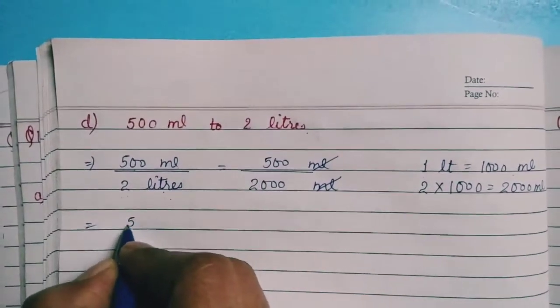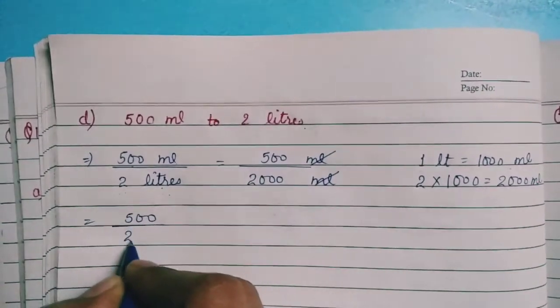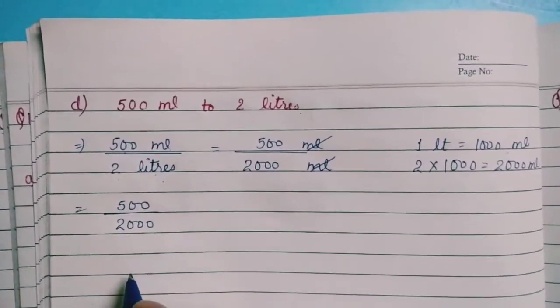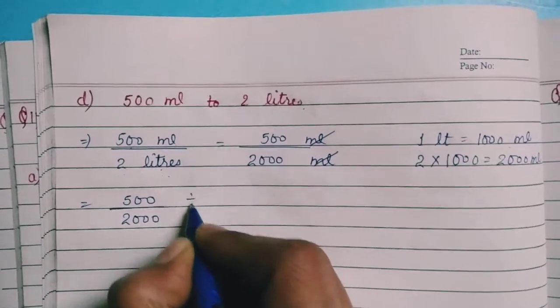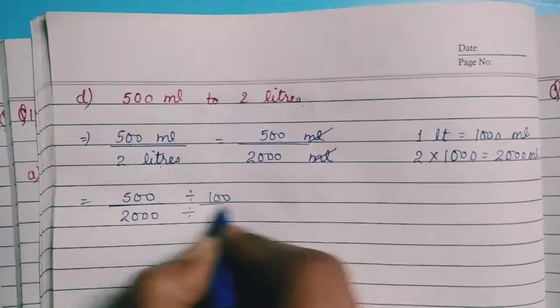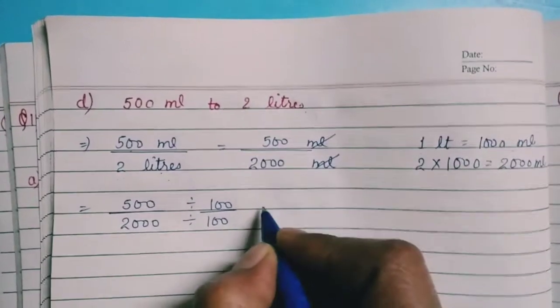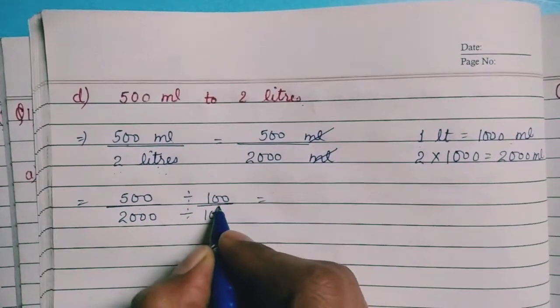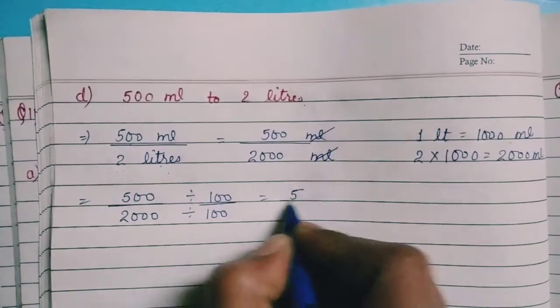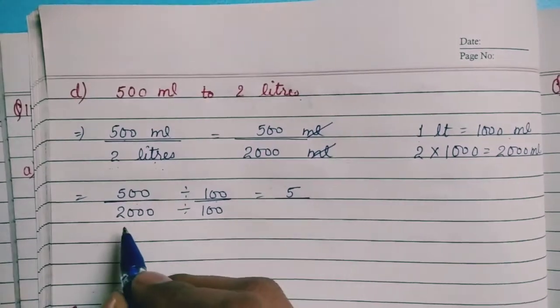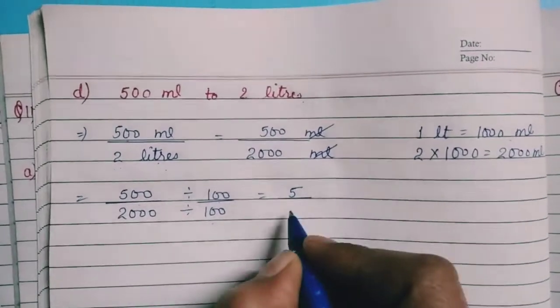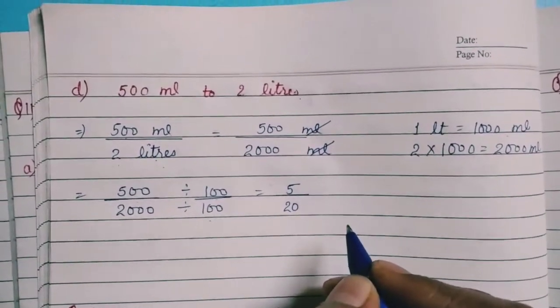We have remaining 500 and 2000. Simply we can divide numerator and denominator with 100. When 500 will divide by 100, we have 5, and when 2000 will divide by 100, we have 20.